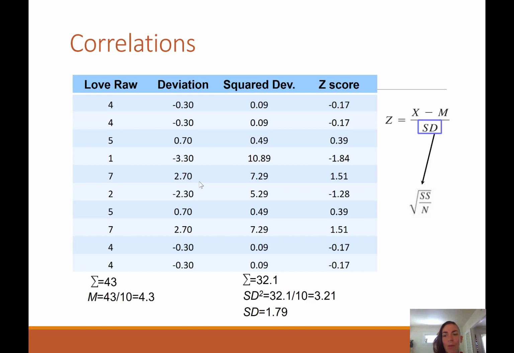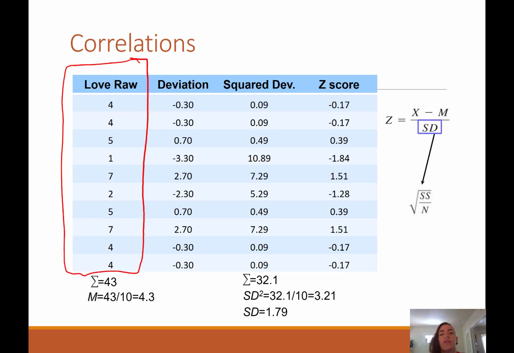Okay, so here's a whole bunch of numbers. Let's break this down. I have my tendency to fall in love raw scores over in this first column. That's all the information you would be given for this variable. And I also want to draw your attention to this part of the slide over here, which is where we ultimately need to get. So I need to be able to calculate a z-score for this variable for each person.